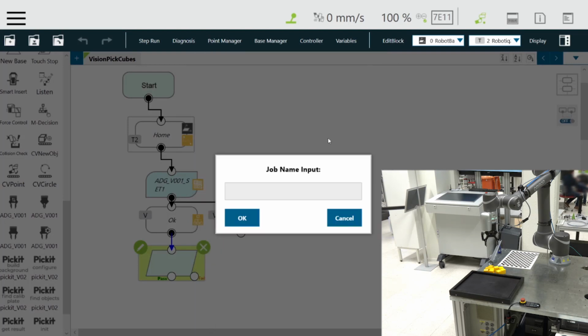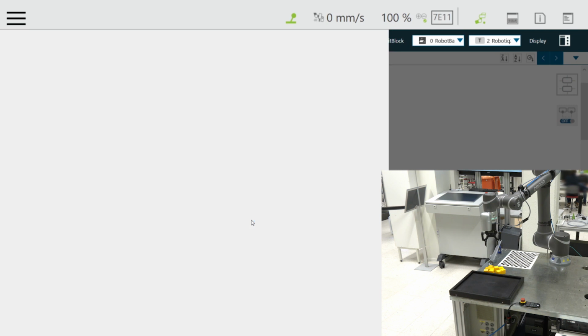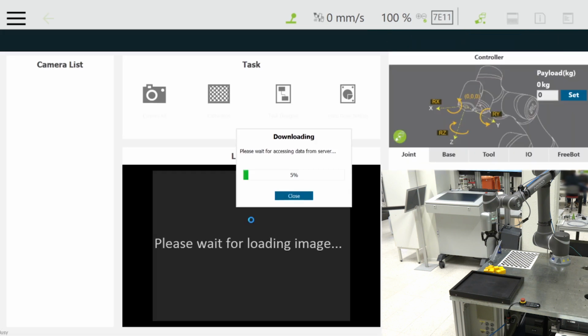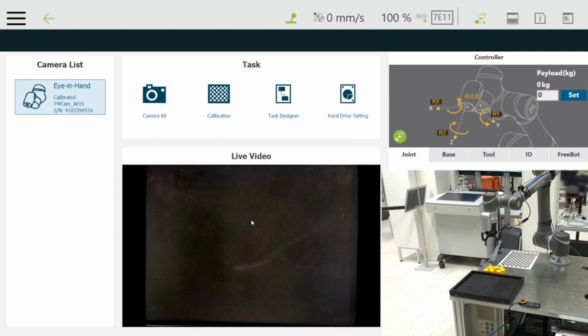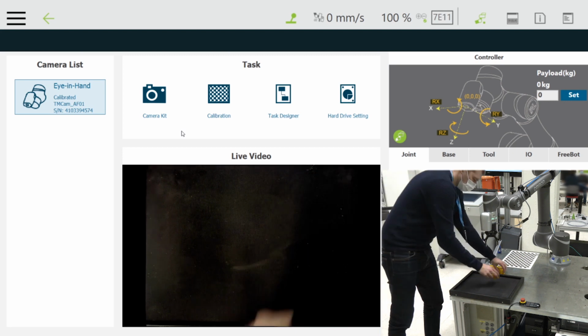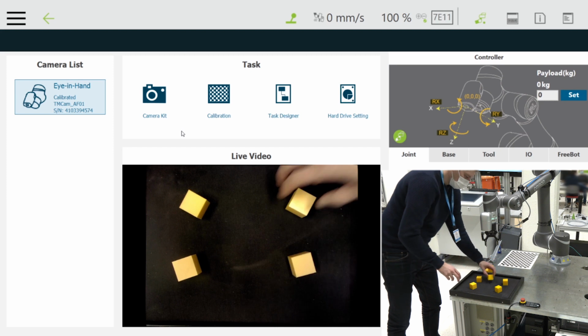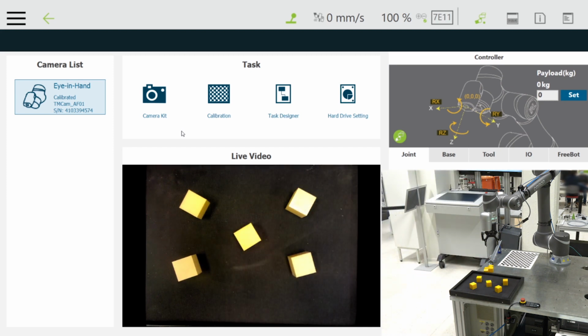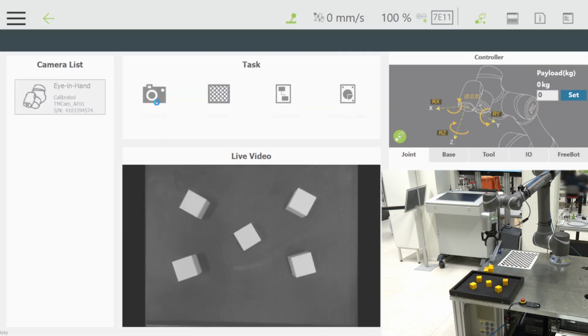And then the vision node is added by pressing the vision button, and the vision node gives access to the robot's camera and contains settings for image processing. A new vision project is added and named. And then Tommy goes back to the robot in this video part. The yellow cubes are placed in the camera's field of view. This helps setting up camera properties because of the real situation image.